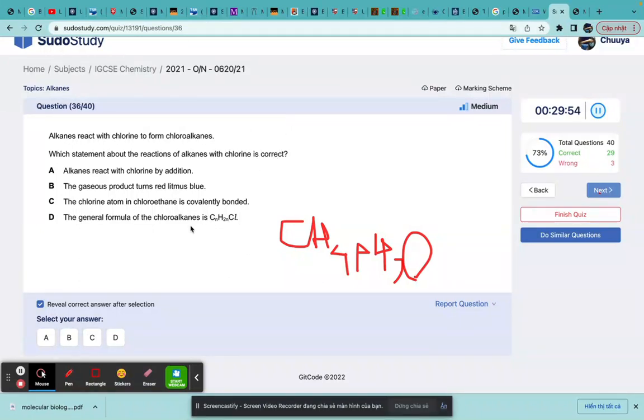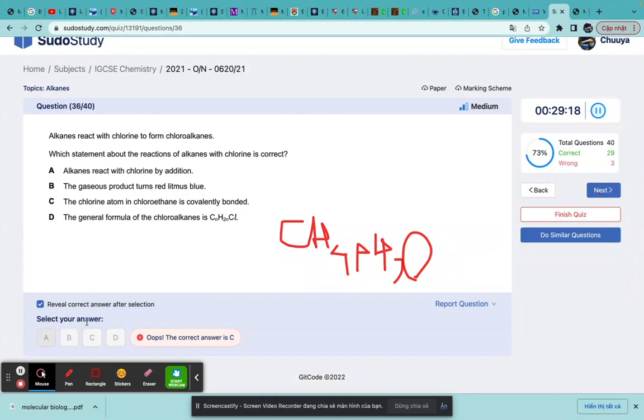I'm not sure if it's a gaseous product. Okay. So B is wrong. The chlorine atom in chloroethane is covalently bonded.